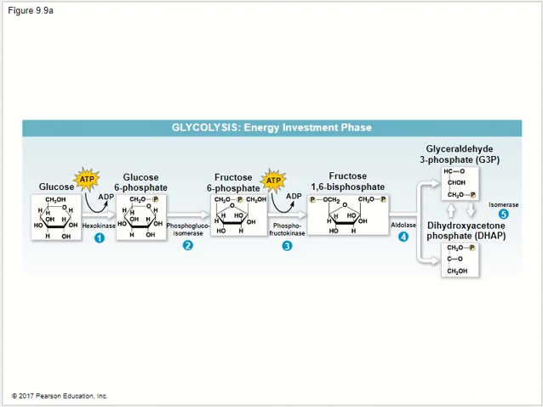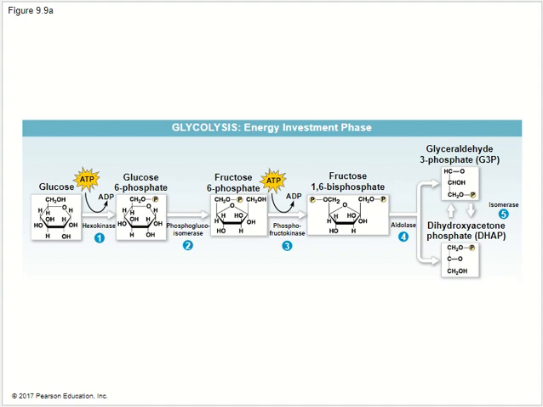Here we're looking at some of the various different enzymes that are at play, starting with hexokinase, a kinase that phosphorylates a hexose sugar, or a six-carbon sugar. We go from glucose to glucose 6-phosphate, and phosphoglucoisomerase is an isomerase enzyme that changes not the chemical formula but the chemical structure. Therefore, it isomerizes glucose 6-phosphate into fructose 6-phosphate.